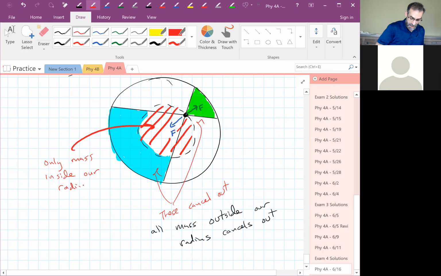Only mass inside our radius contributes to a net force.